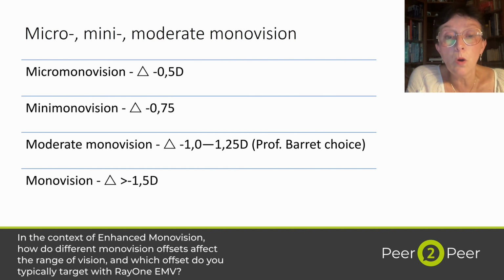The question also was which offset I typically target. I usually use micro to mini monovision, sometimes for more demanding patients, moderate monovision. But I think up to minus 1.25 difference, these patients can do pretty well.